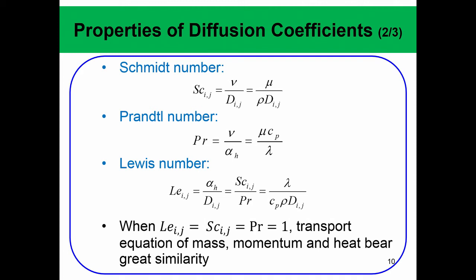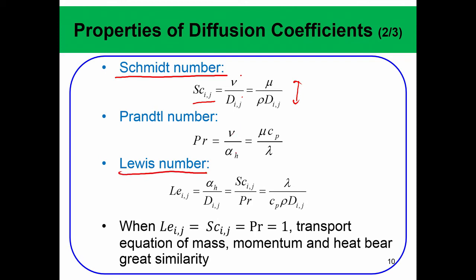We have already encountered one, the Arrhenius number for kinetics, but here we are talking about non-dimensional numbers in terms of transport, and for that the numbers of importance are the Schmidt number, SCij, which is the ratio of the kinematic viscosity to the binary diffusivity, nu by dij. We can also write it as dynamic viscosity divided by density times dij. The Prandtl number is also important, but it does not change too much, nu divided by alpha.